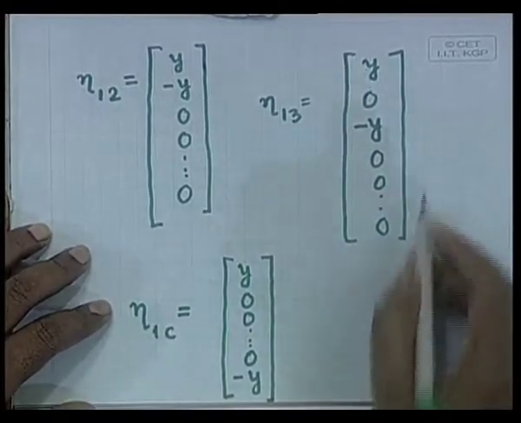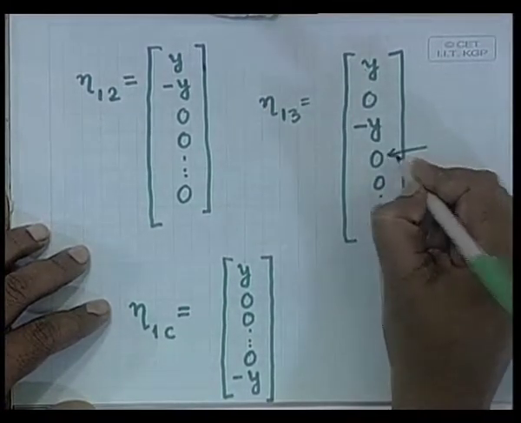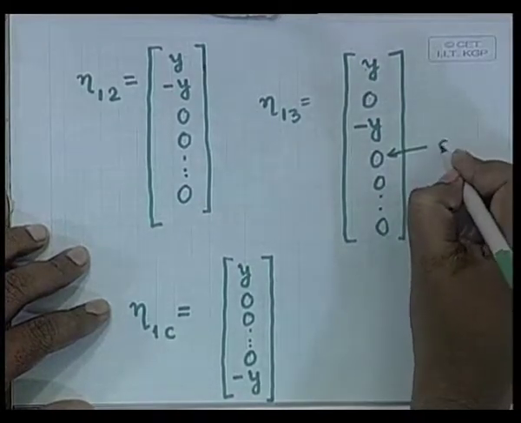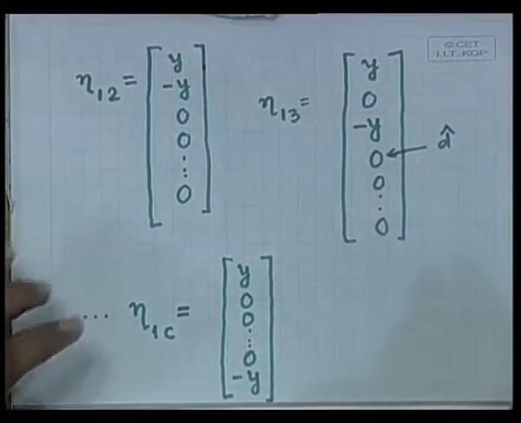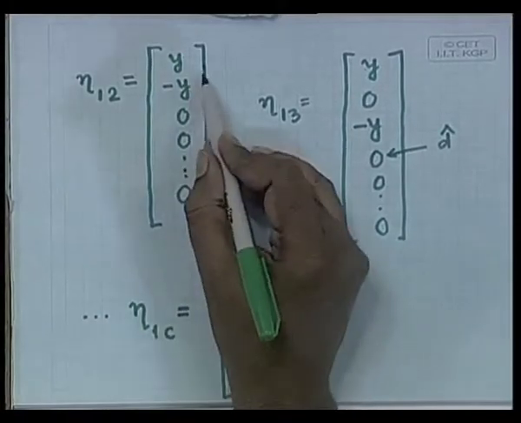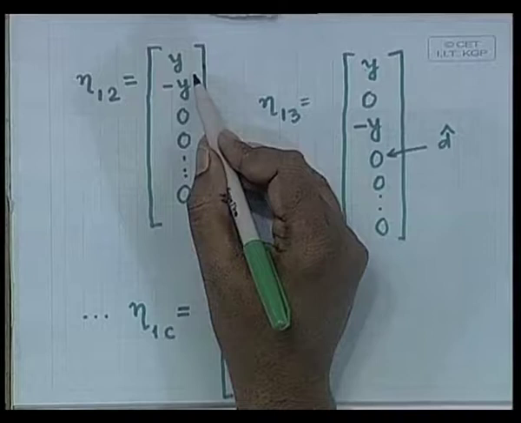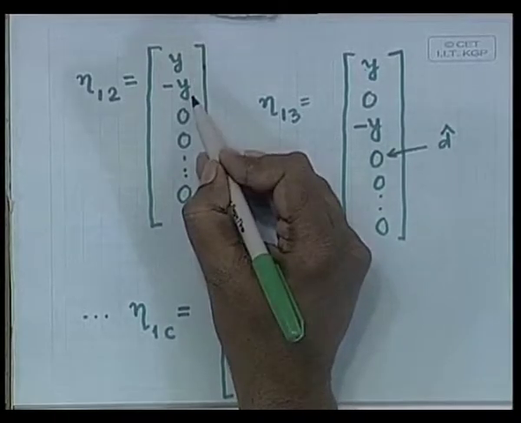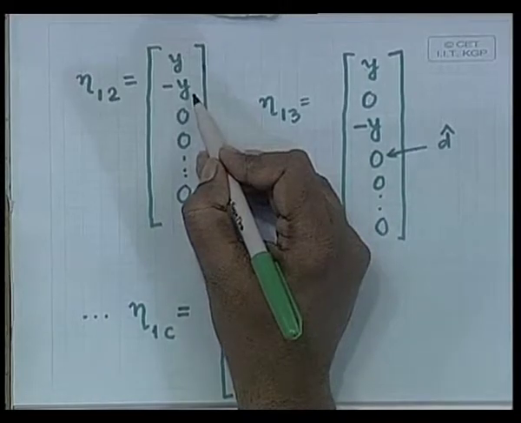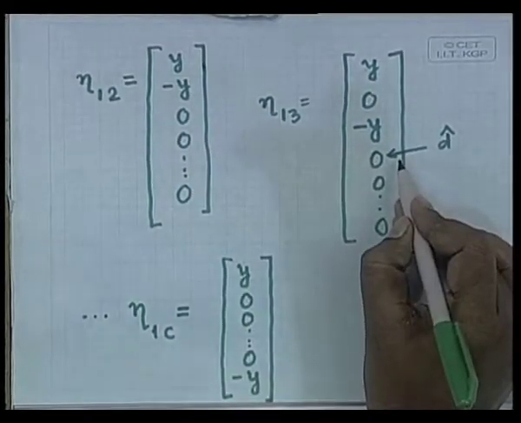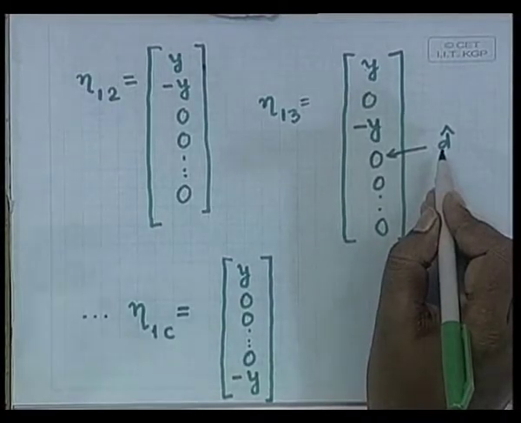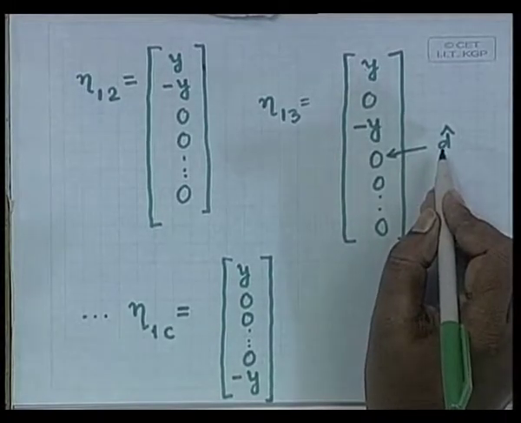What this 0 means is that it is a column vector of dimension d hat. Y is a column vector of dimension d hat, minus y is also a column vector of dimension d hat, and 0 is also a column vector of dimension d hat where every component is equal to 0.